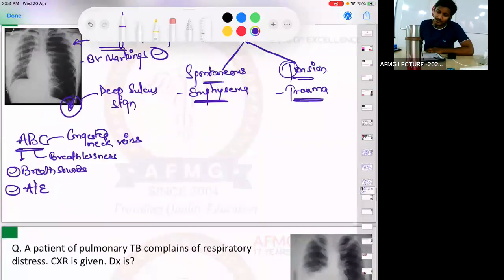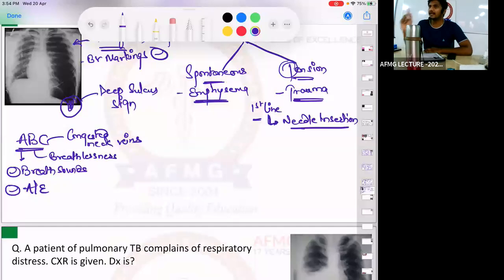What is the treatment of choice in an emergency? Please remember, if they ask you for first line management in cases of tension pneumothorax, the first line management would be inserting a wide bore needle. Where? Needle insertion.